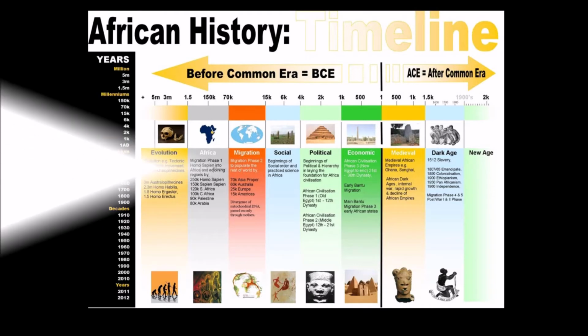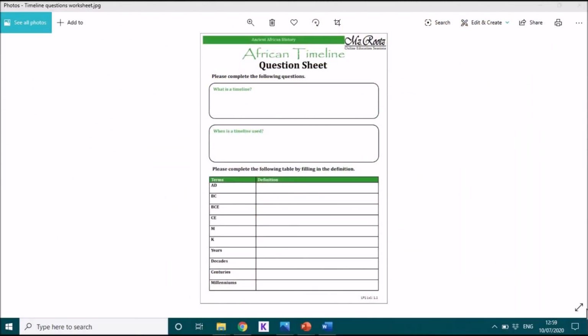existence. If you haven't already, go to the description box and download this worksheet called African Timeline Question Sheets. Now, this is to check your knowledge on some of the vocabulary and some of the abbreviations used on our timeline.